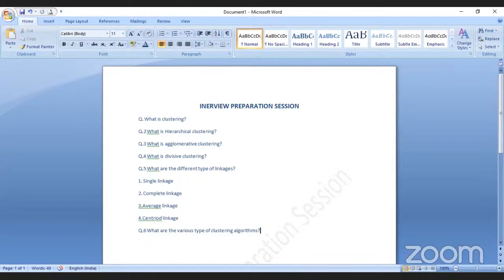We have a number of various types of clustering algorithms, out of which the first one is connectivity based clustering. Then we have centroid based. This connectivity based clustering is nothing but the hierarchical clustering.